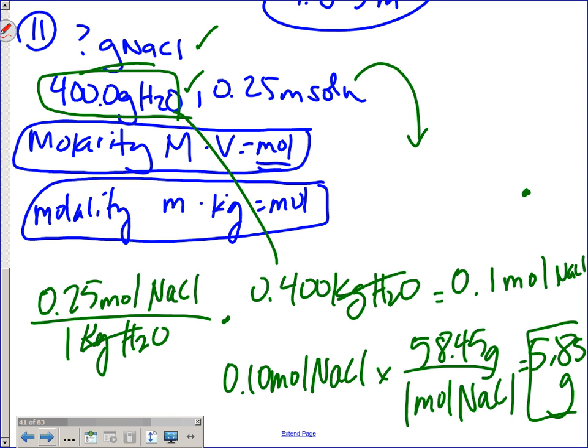So we're going to do the same process like we just did, where we took molality times my kilograms of solvent, and I got moles of my solute. If you get your moles of solute, you can easily get to grams of your solute. That's why I'm only doing one of each of these, because I think they're redundant after some point in time.